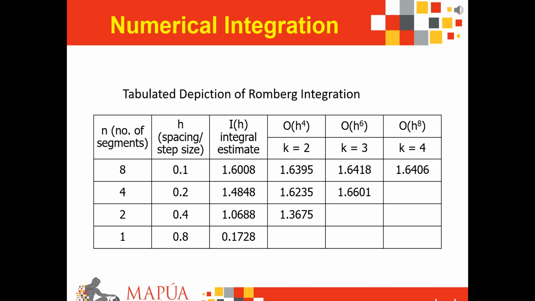It may be applied to 1/3. It may be applied to 3/8. It may be applied to Boole's rule as long as you satisfy the extrapolation condition. So all integral estimates must satisfy the extrapolation condition. Otherwise, that formula will not work.